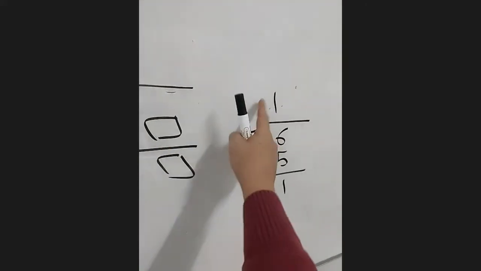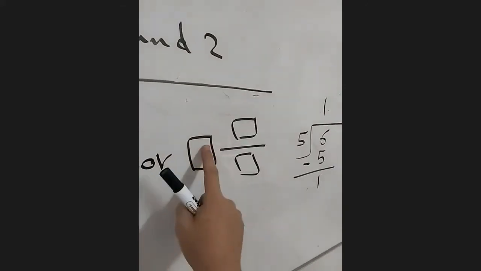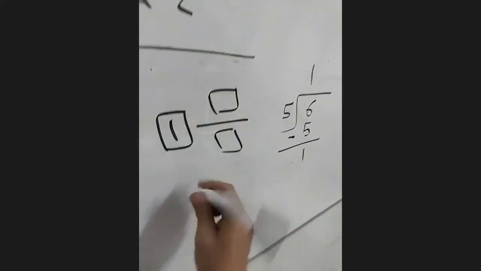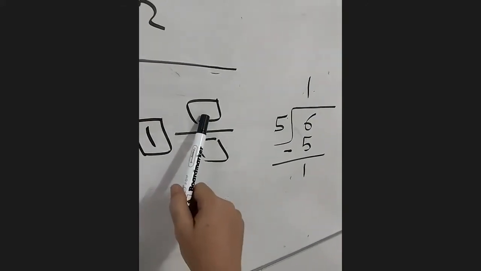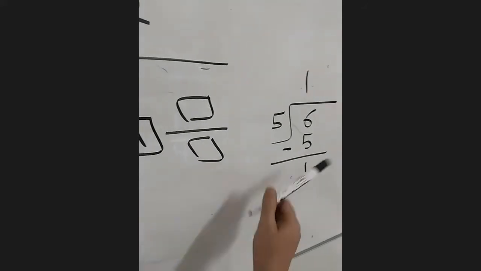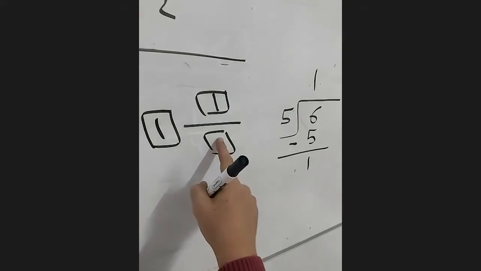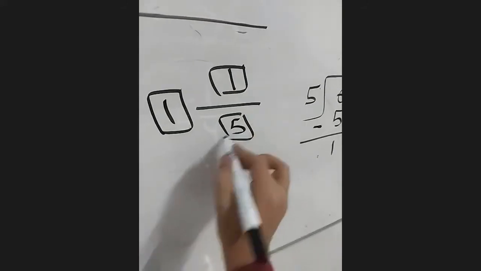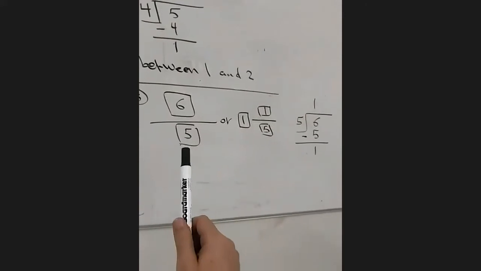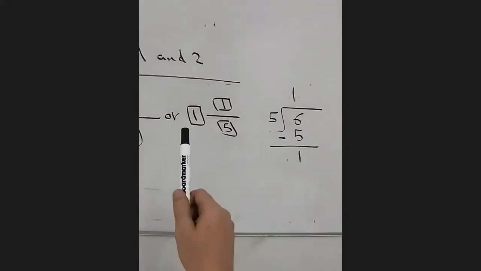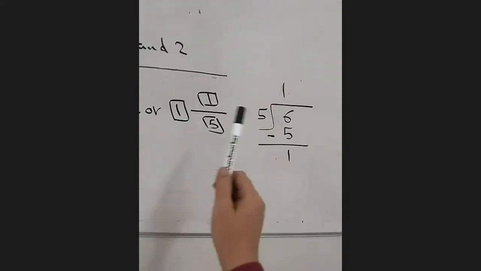The quotient. And here? 1 also, the remainder. And here, 5, the divisor. So 6/5 is 1 and 1/5.